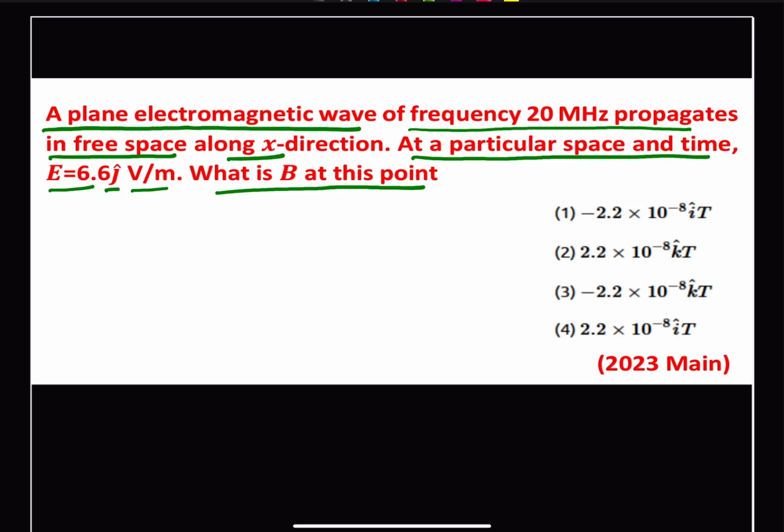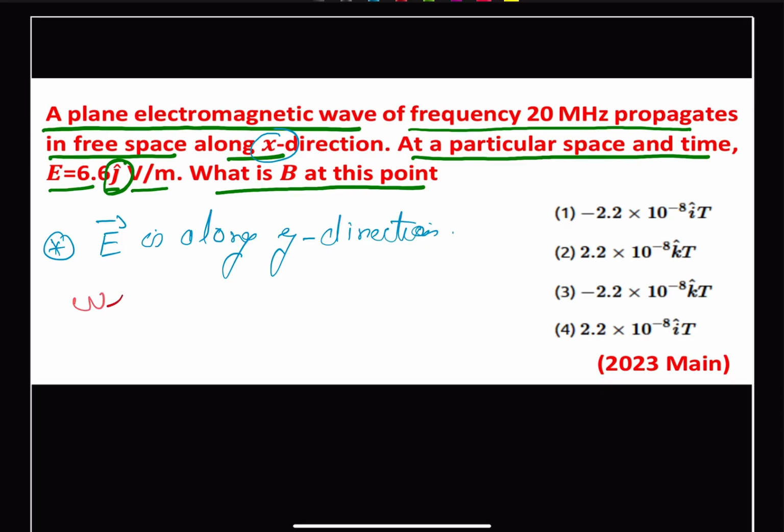We are given that the electric field is along the j unit vector, or along the y-axis, and the wave is propagating along the x direction.